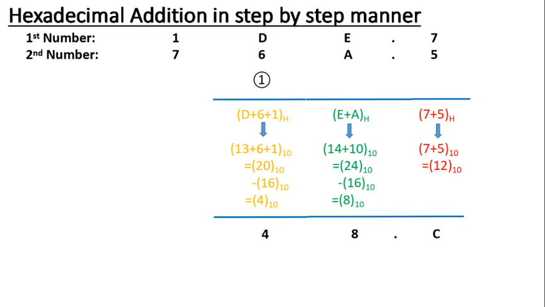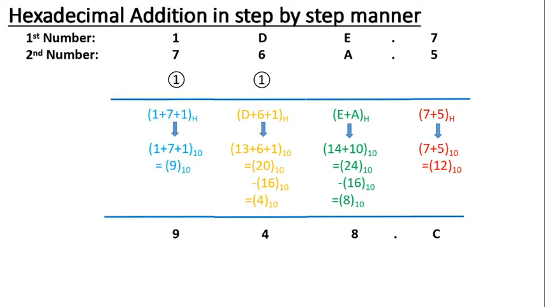So whenever we go for 1 plus 7, the MSB bit addition of number 1 and number 2, the carry is also to be added along with it. So here 1 plus 7 plus 1 hexadecimal. Just below that, converted to decimal, it remains the same, 1 plus 7 plus 1 in decimal as well, that is equal to 9 decimal, and we know that 9 decimal is 9 in hexadecimal, which is written at the bottom.